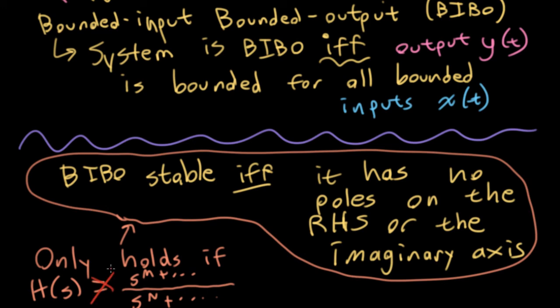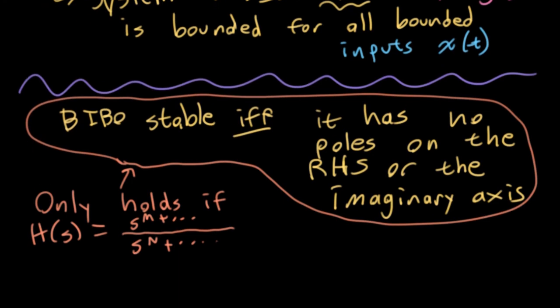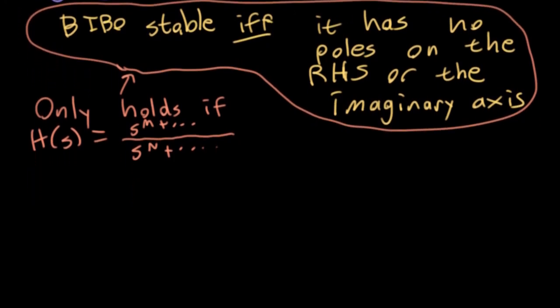I mentioned that because there are a whole lot of systems for which the transfer function isn't a ratio of polynomials. Now, transfer functions that are ratios of polynomials are fairly common in engineering because they are the transfer functions of systems defined by linear differential equations with constant coefficients. But there are certainly a ton of systems out there that don't have that property.